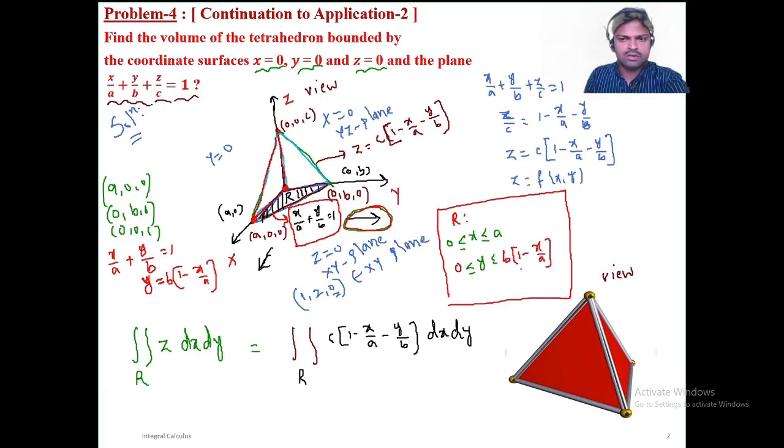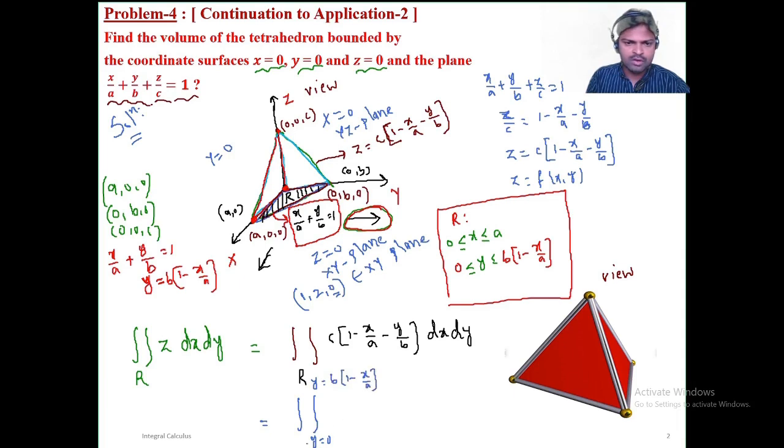Understood? So therefore the integration is carried out over such limits. Since y is dependent, first with respect to y, where the y lower bound is 0 and the upper bound is b into (1 minus x upon a).